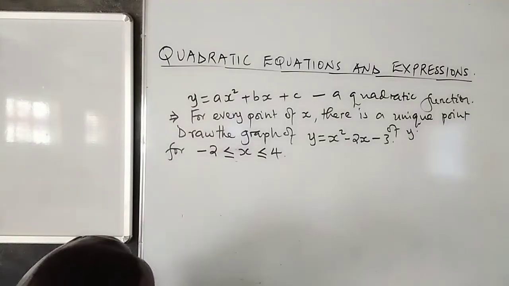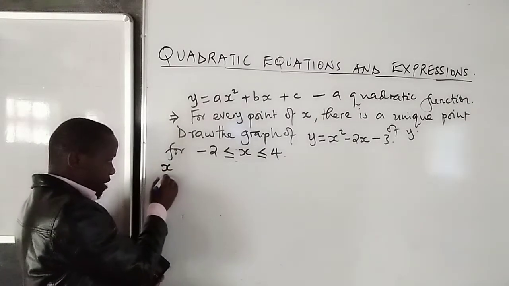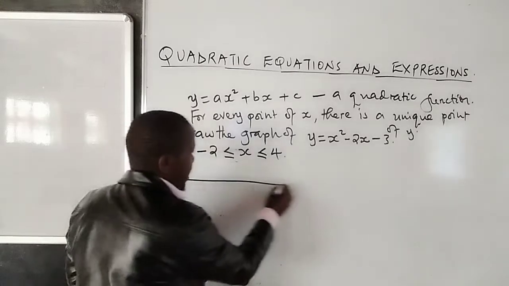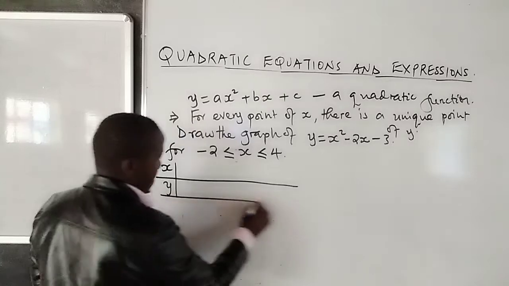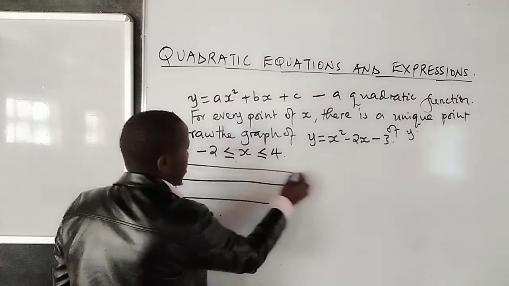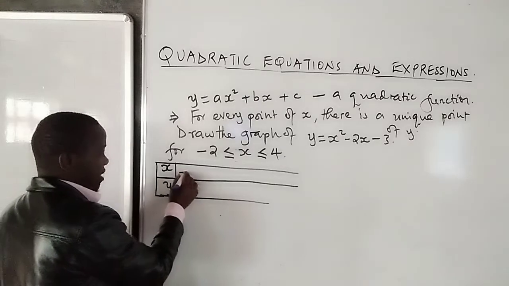The first thing, you come up with a table whereby you will have the values of x and the values of y. We said for every value of x, there is a unique corresponding value of y.